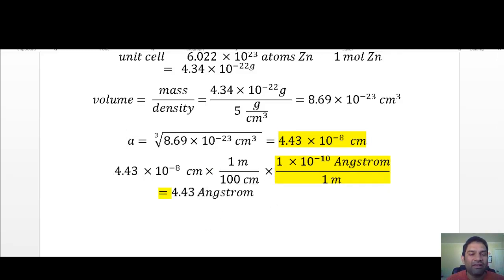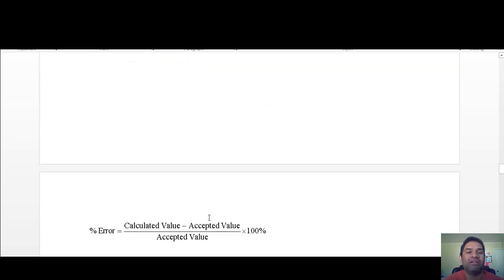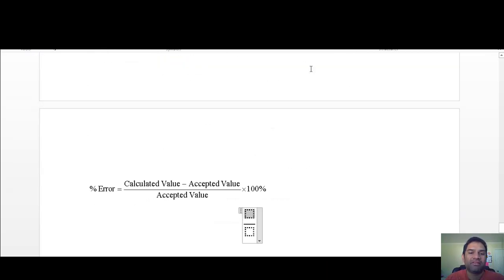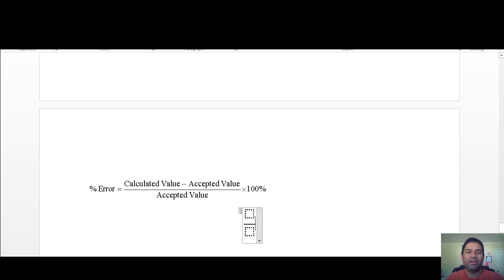Now let's figure out part B and C, the percent error in our density. So our percent error, let's go back up. Our percent error is this equation here. So the calculated value of my density for zinc was 5. Okay, I'm not going to put in units because I know error does not have units.